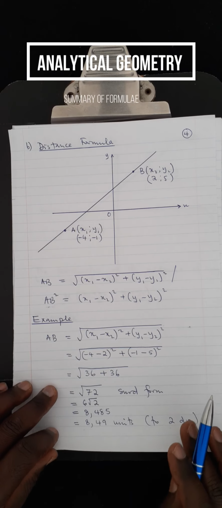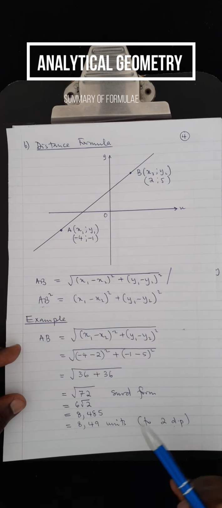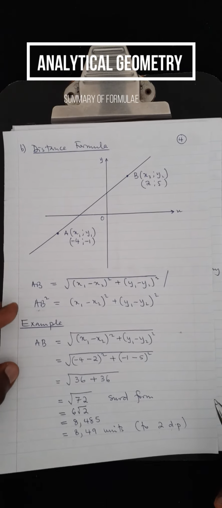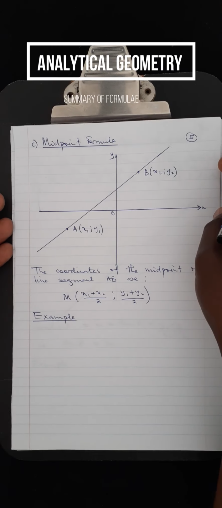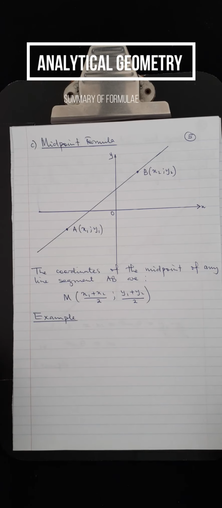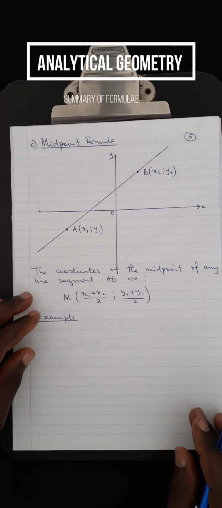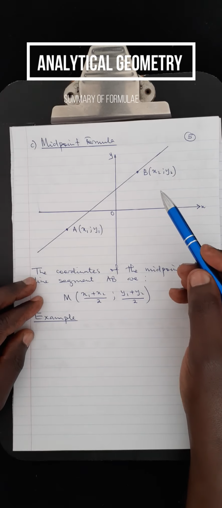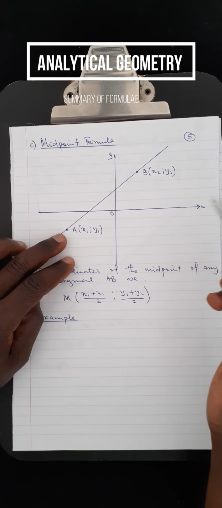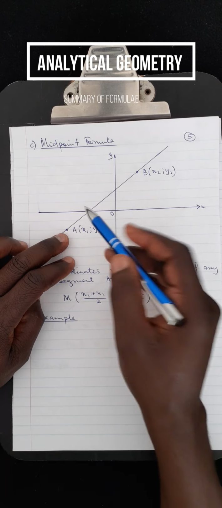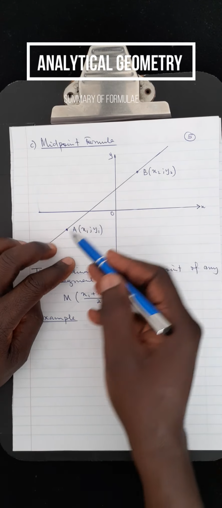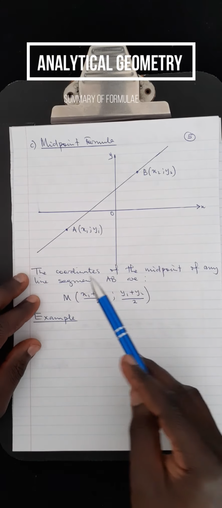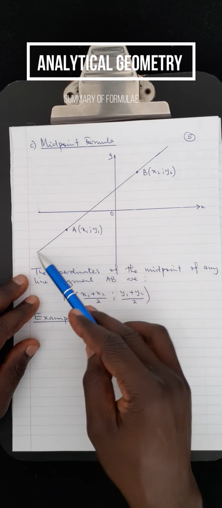Okay, so this is an example from the distance formula. Let's get to another concept, which is the midpoint formula. The midpoint formula relates to finding the coordinates of a point that is in the middle of 2 given points. So I have my points here, A, B again.